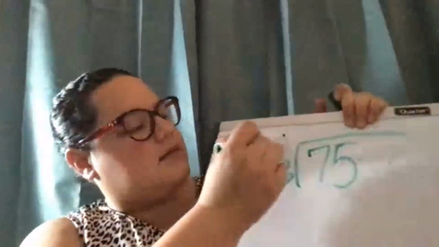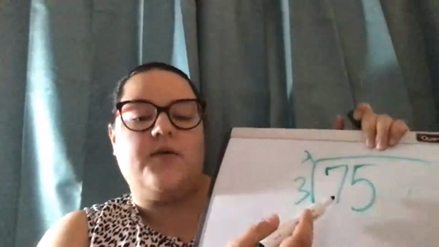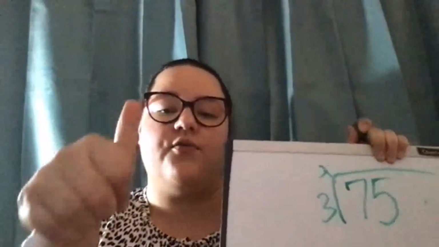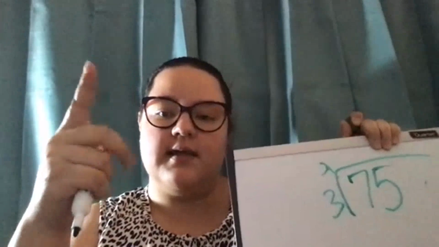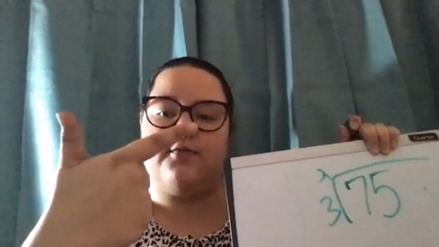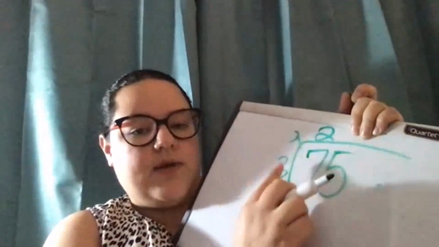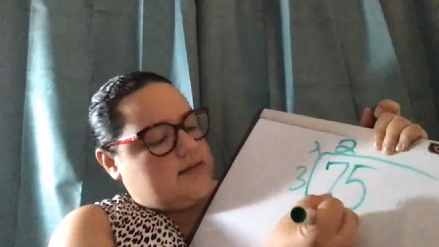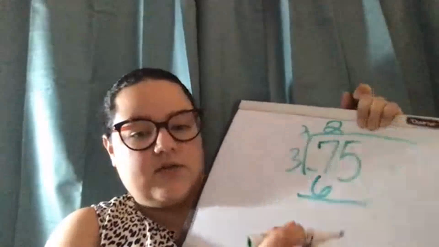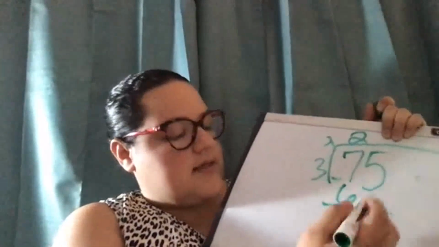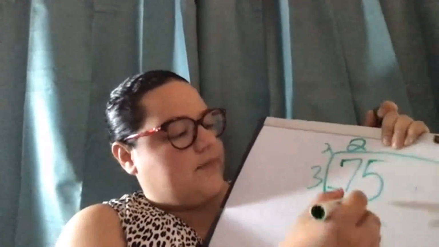How many times can 3 go into 7? We have 3, 6, 9. That's too much. So we have 3 times 2. We always put our number up here. 3 times 2 is 6. We subtract those two numbers. 7 minus 6 is 1.